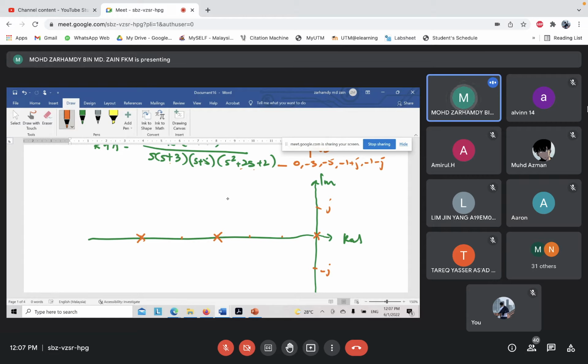Here is negative 1 plus j, and negative 1 minus j. Another one, we have the zero located at negative 4. Our symbol for zero is a circle.